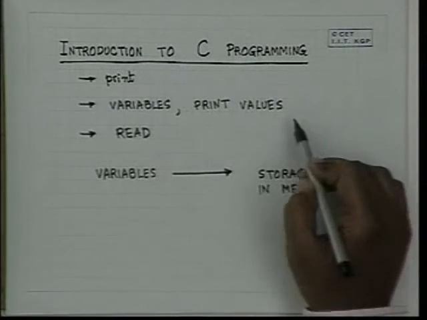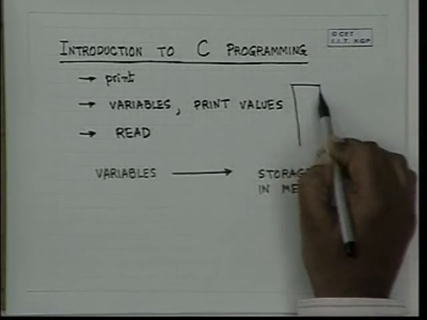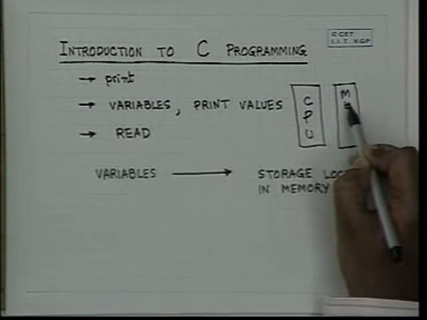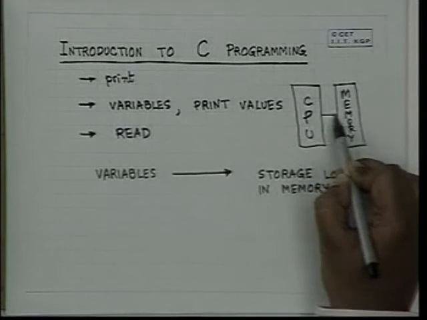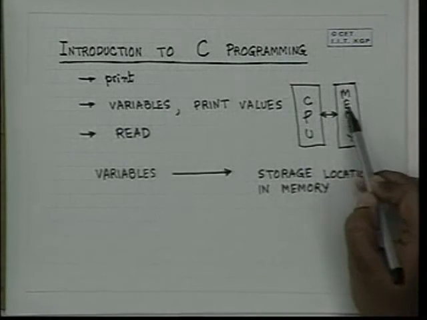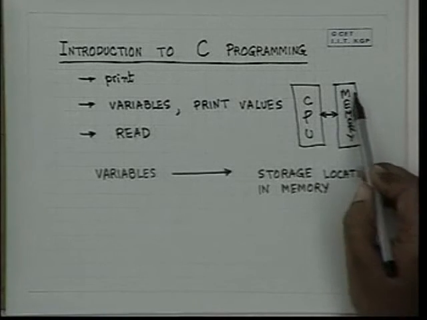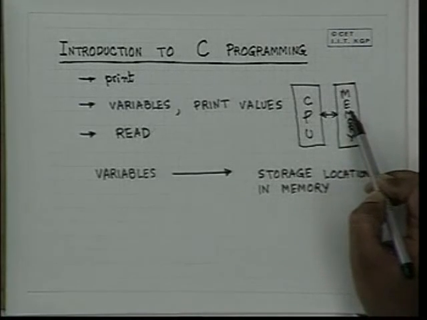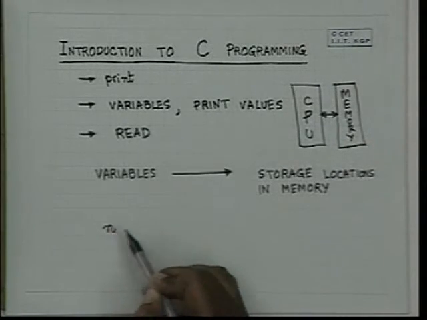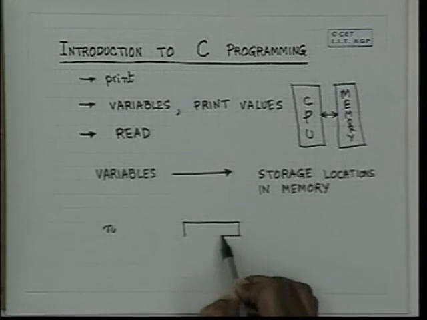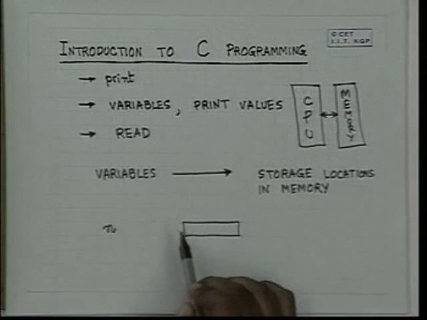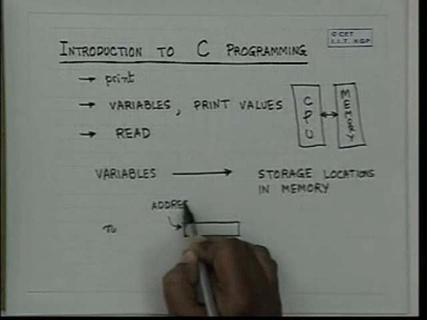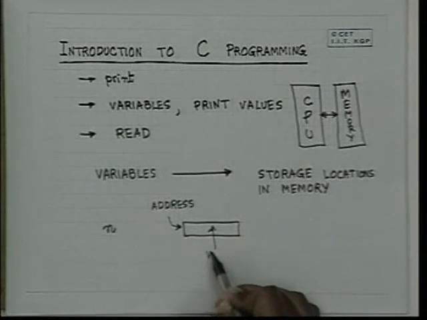So the computer, the simple von Neumann architecture, can be looked upon as the CPU and the memory, and here the program as well as the data is stored. Now corresponding to the variables, data is stored in the memory. So corresponding to every variable n, you have a memory location. Now this memory location has got two items. One is the address of this location, and the other is the value inside this.